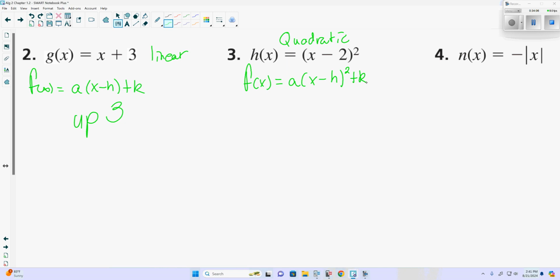So how far are we moving left or right? 2, yes, because the value of h is 2. Now the question is, are we moving 2 units to the left or 2 units to the right? To the right, because again, left and right, inside those parentheses, it's the opposite of what we think. Because that minus, we're used to minus being left. Inside those parentheses, we're going to the right.